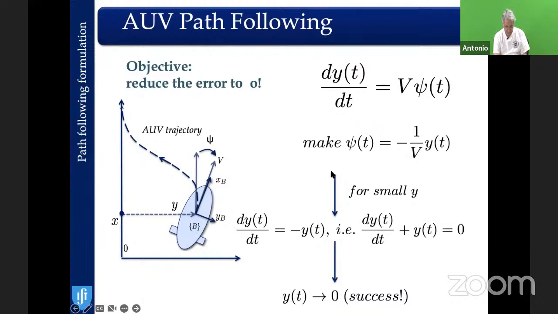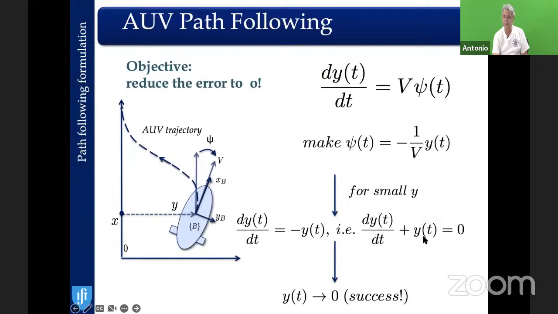So forget about these intermediate steps. If somehow, by a passive magic, you can choose psi, such that when you replace psi by whatever you decide, you obtain this equation, dy dt plus y equal to 0, you are done. Because the solution to this is an exponential, and you go to 0. So you have this, and you like to be there.